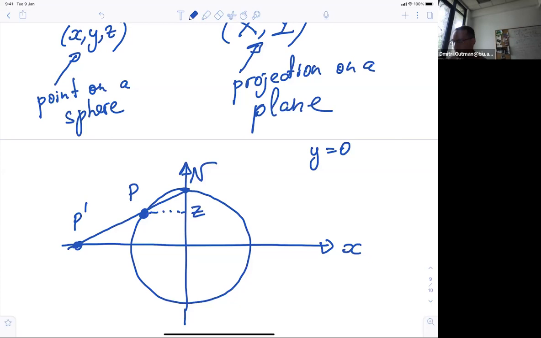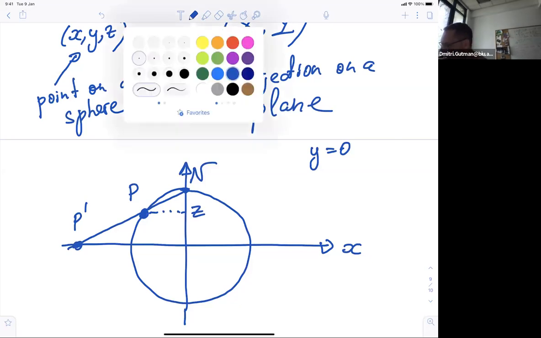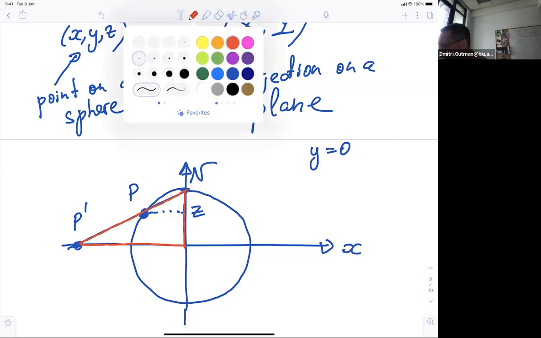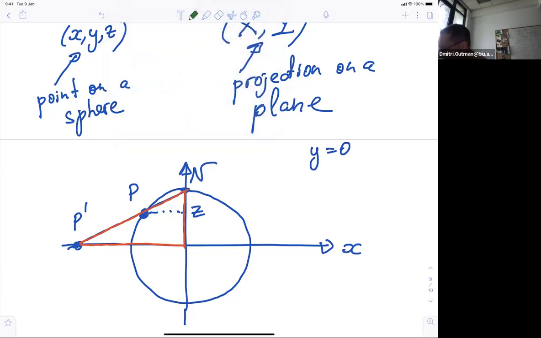Now I need to identify the similar triangles. So these are my triangles. There's this triangle, the red triangle, and there's another triangle.